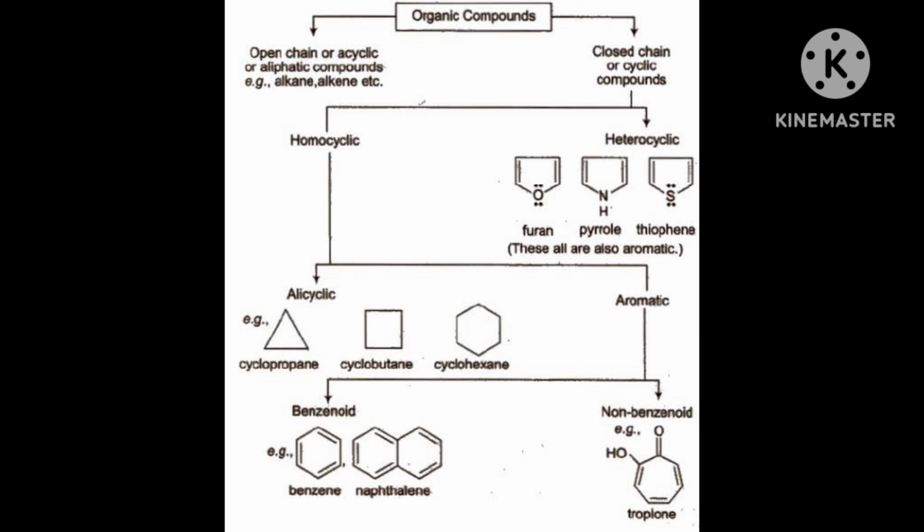Like that, another example of homocyclic: 6 atoms of carbon are attached. The example is benzene. Here one hydrogen was there on each carbon in benzene, because alternate double and single bonds were there.